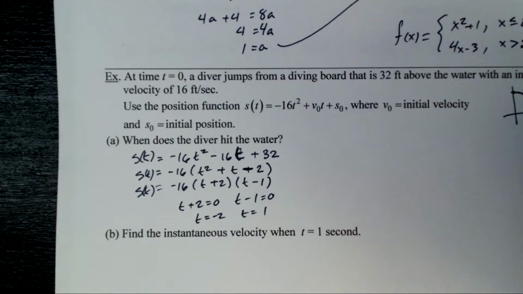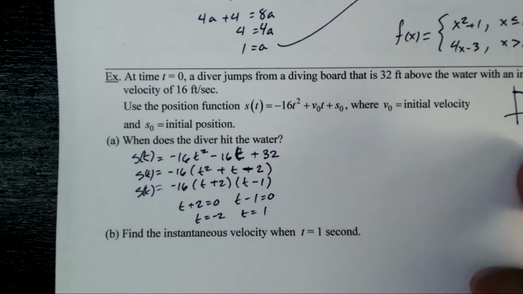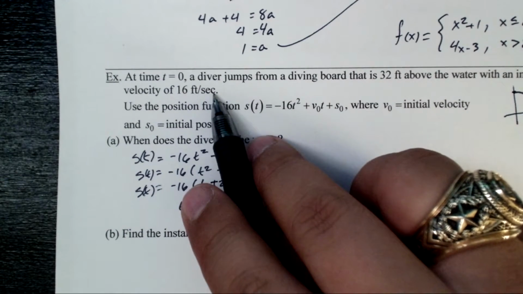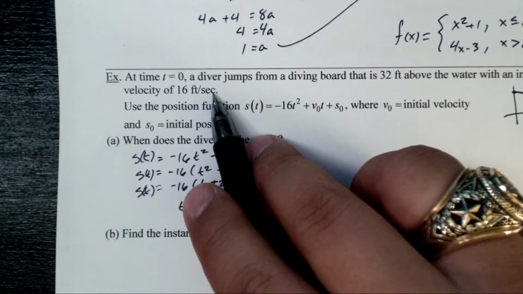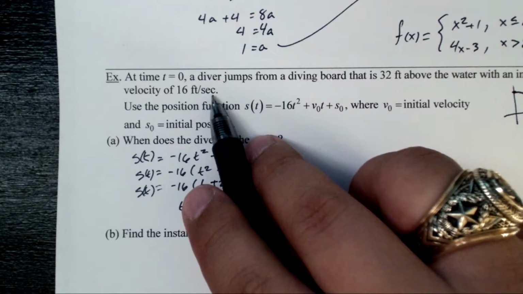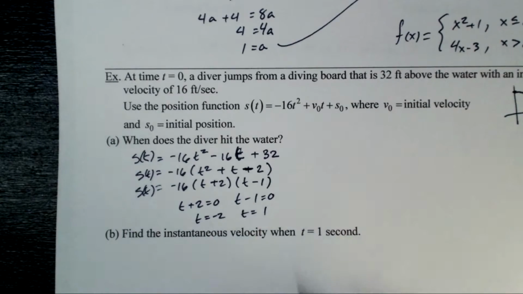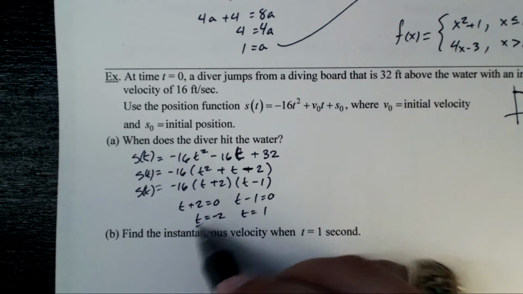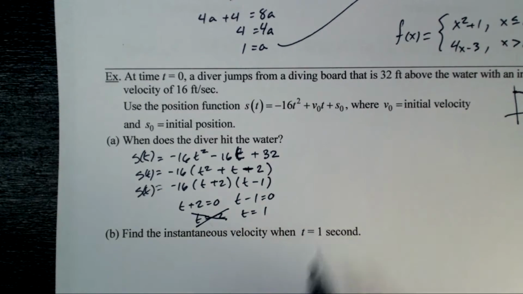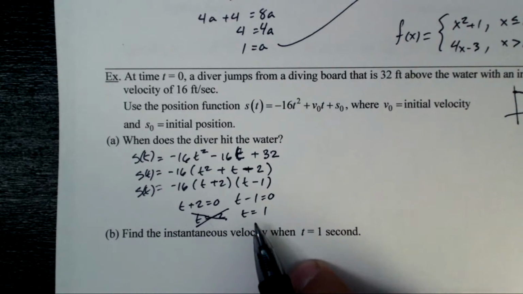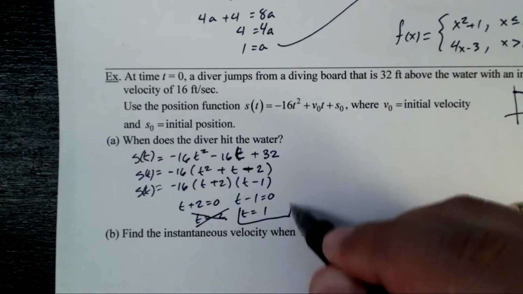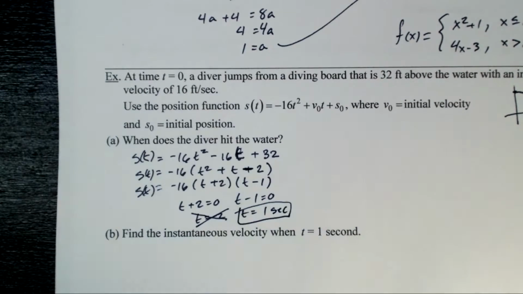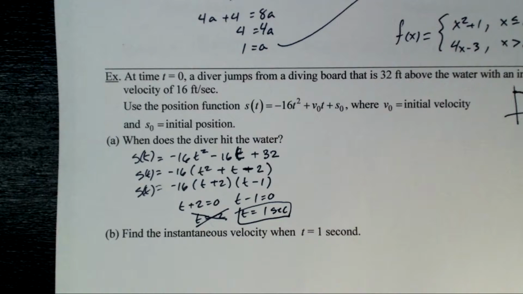In other words, this happens 1 second after he jumps off the diving board. This guy's going pretty fast. So we're only going to use t equals 1. When does the diver hit the water? At 1 second.